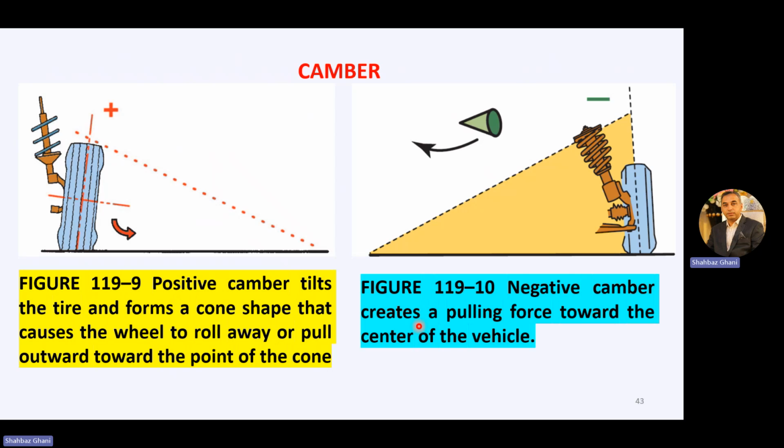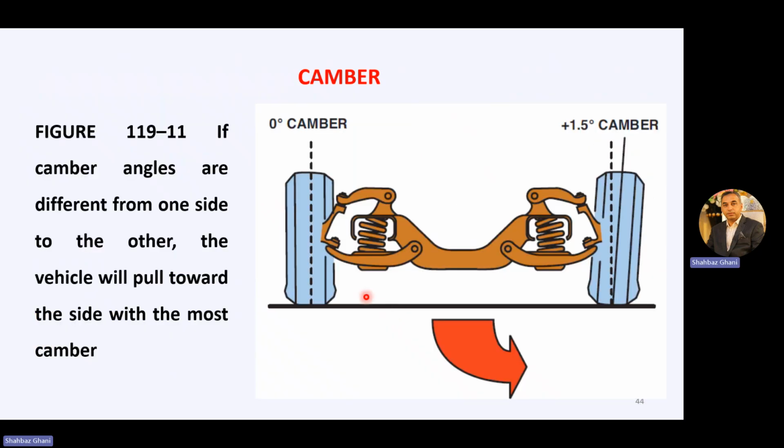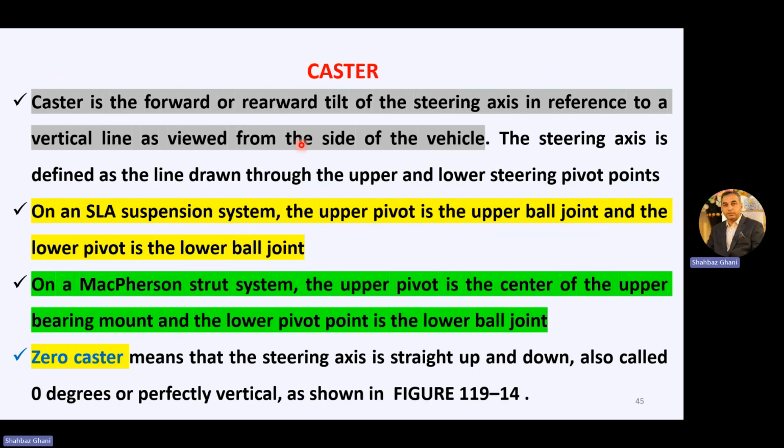Same goes here. Then we have caster, the second angle. Caster is the forward or rearward tilt of the steering axis in reference to the vertical line as viewed from the side of the vehicle. Camber was viewed from the front or the rear of the vehicle; now caster is from the side angle, sidewise.